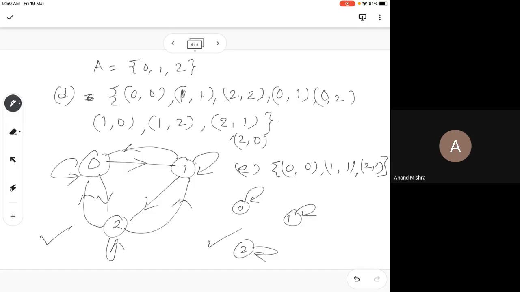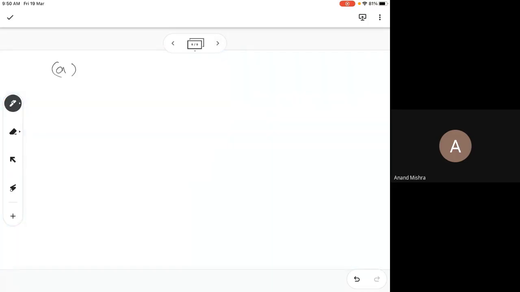So let's look into option A. Option A was 0, 0, 1, 1, and 0, 1, and 1, 0. This obviously is not reflexive, right?